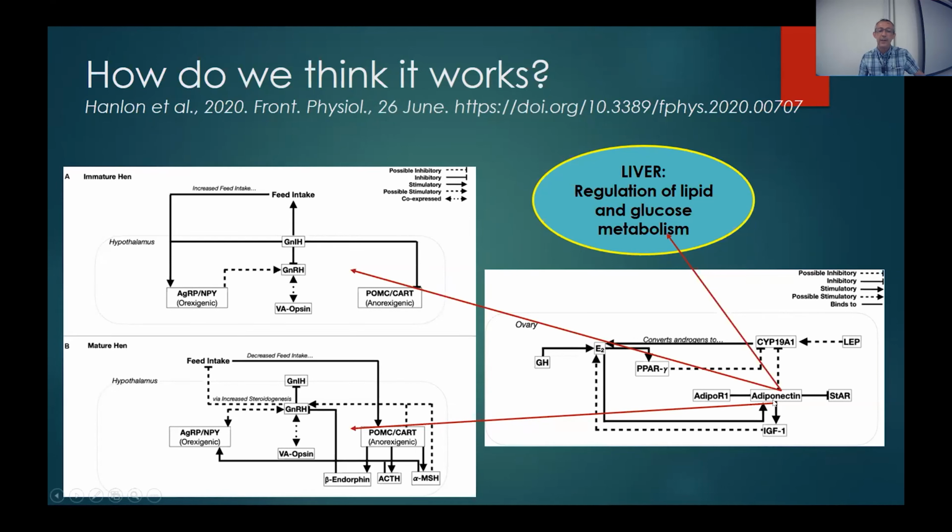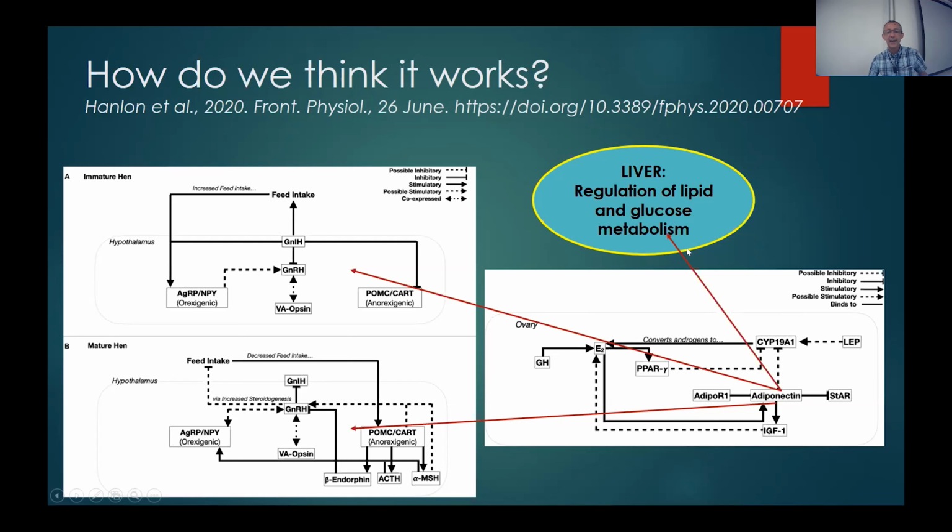Because we believe adiponectin can mediate the metabolic status or the reserve status to the hypothalamus, which will in turn control the appetite and also modulate the reproductive axis. Furthermore, within the ovary, adiponectin has a tremendous impact on the function or development of the follicle, and I believe Ramesh is going to go into more detail on that.